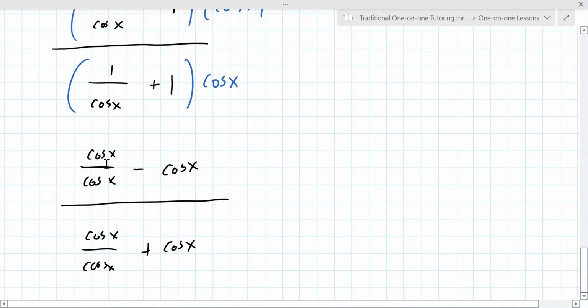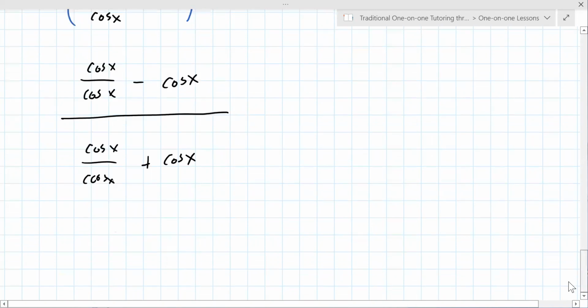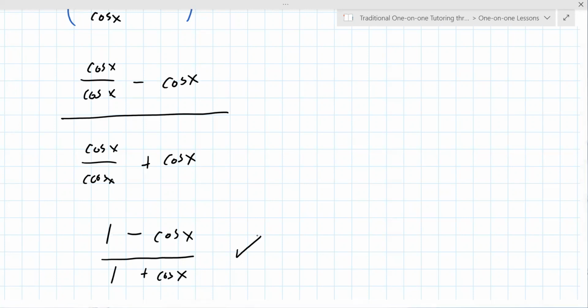And then the cosine x's cancel, making 1 on the top, 1 minus cosine x. And on the bottom, you also get 1 plus cosine x. And you have it. So occasionally there is a shortcut, and you don't just multiply by the conjugate when you try to solve these.